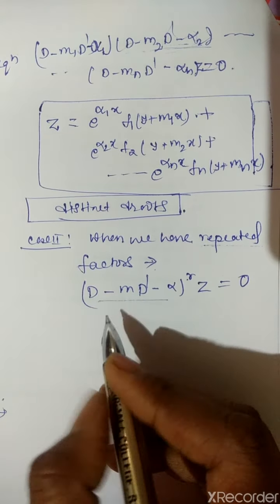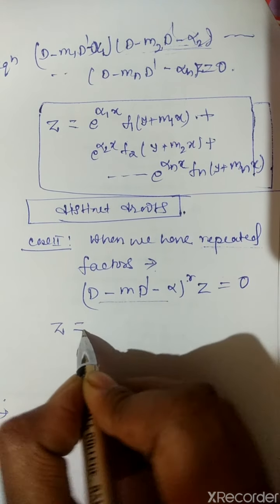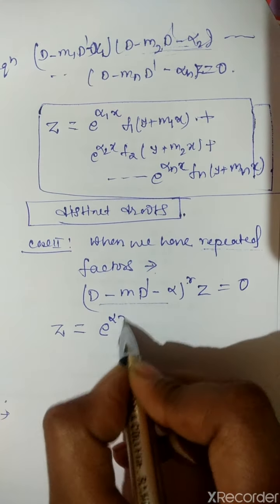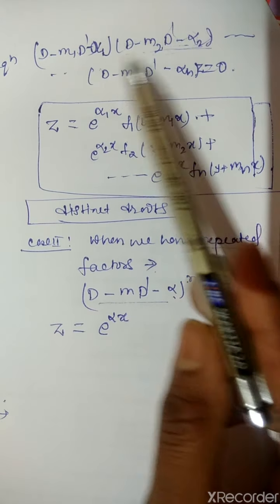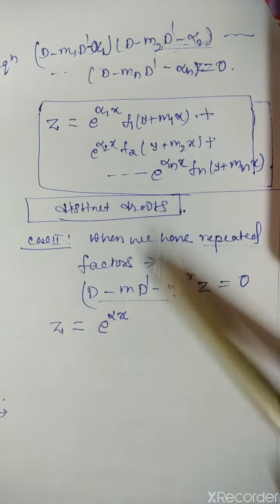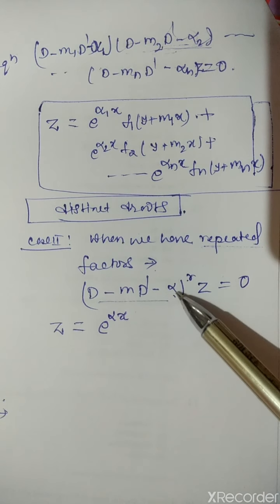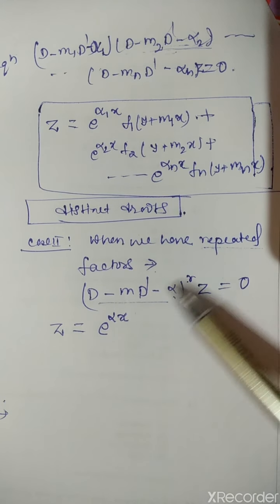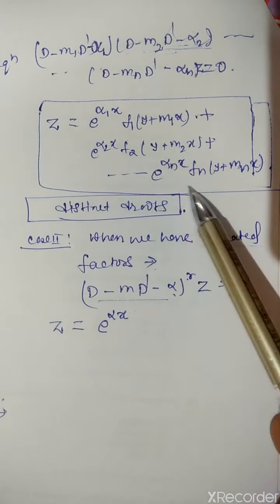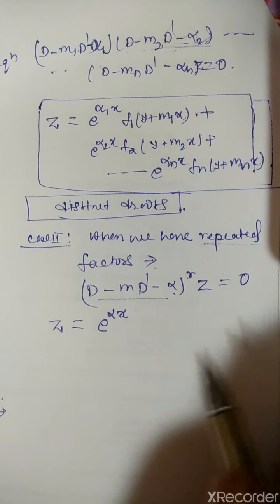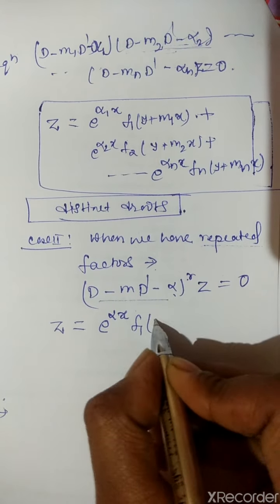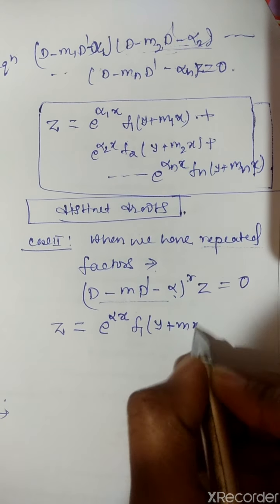Here we will write the CF as z = e to the power alpha x, and each and every time we are getting the same alpha x. In the earlier case we got alpha 1, alpha 2 up to alpha n, but in this type of problem we are getting alpha r times. So we just write e to the power alpha x f1(y + mx).